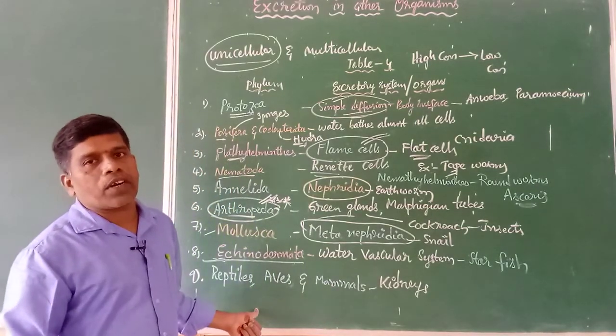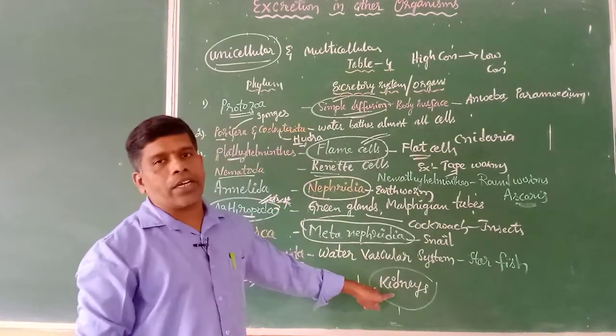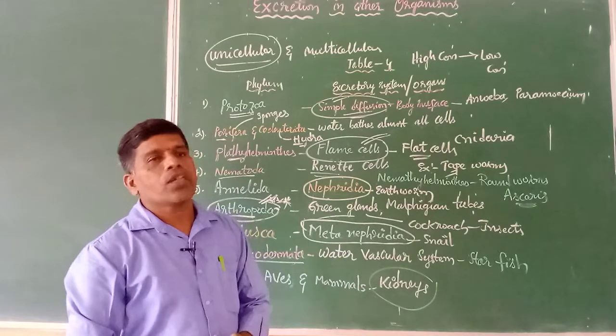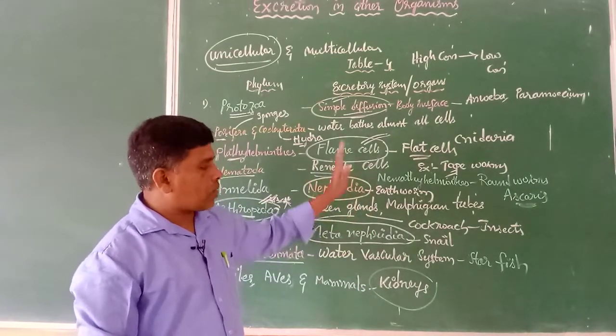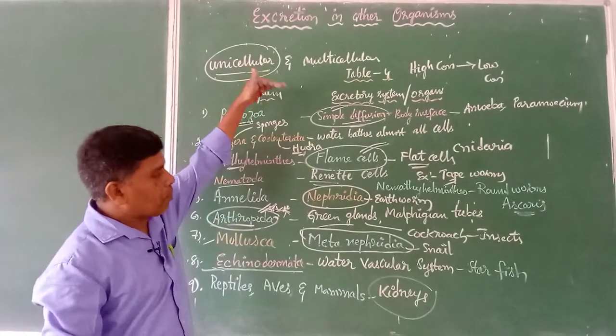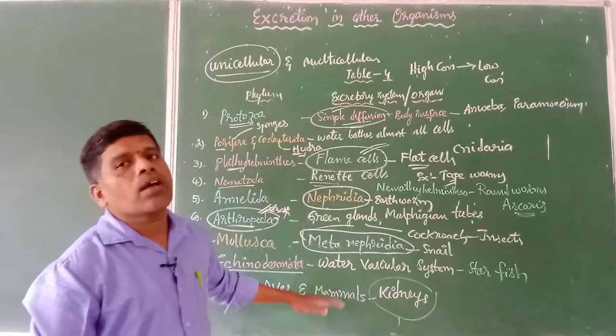In all vertebrates, the most common excretory organs are kidneys. Already we have seen in the human excretory system, a pair of kidneys is present. So these are the different types of excretory organs present in different organisms, right from invertebrates, unicellular organisms, to vertebrates, multicellular organisms.